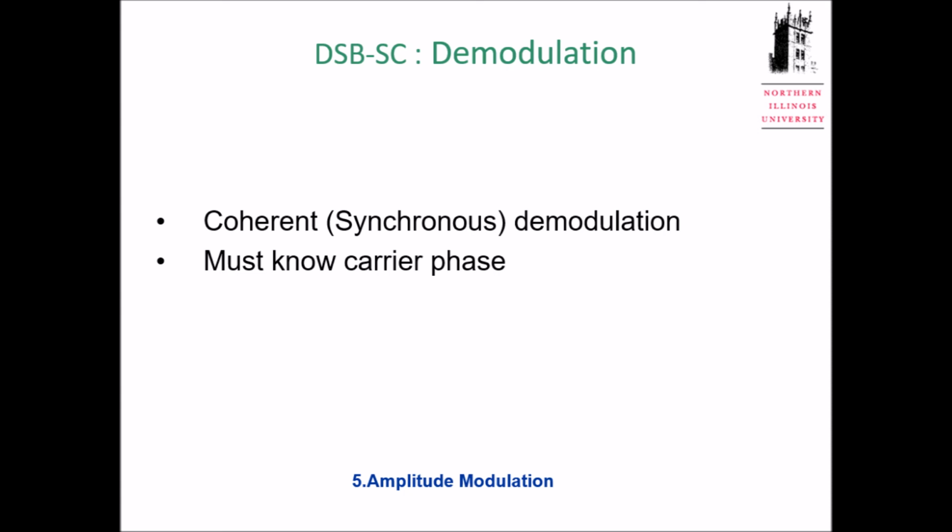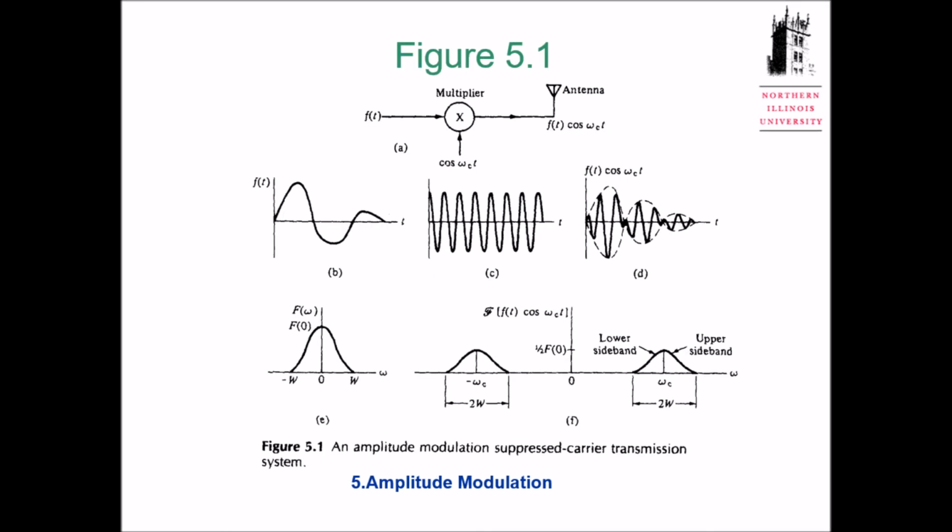So let's talk about that one. Okay, so we know this one carries all my information, and this one also carries all my information. So how can I change this back to the original one?